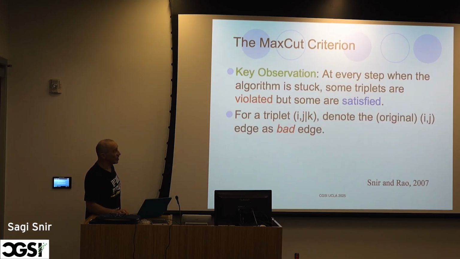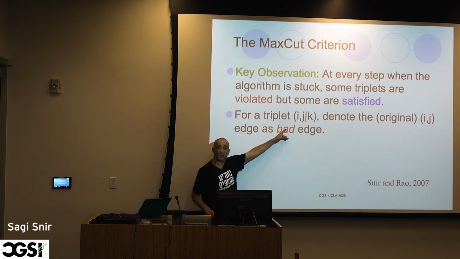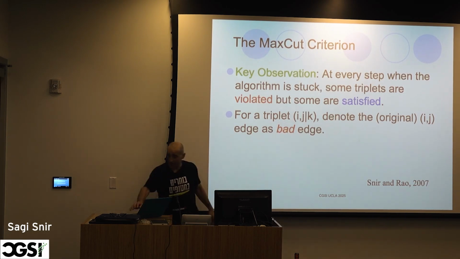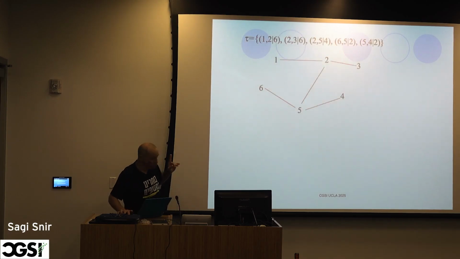For a triplet ijk, denote the original ij edge, that original edge that we spoke of until now, as a bad edge. We don't want to violate it. We don't want to cut that edge. So this is bad. However, let's introduce, and these are the bad edges, the original. It is connected.